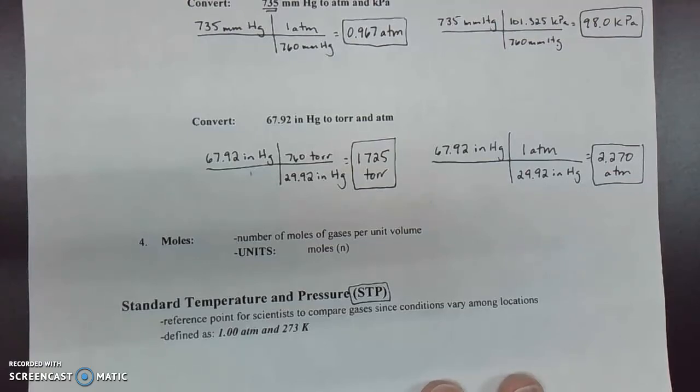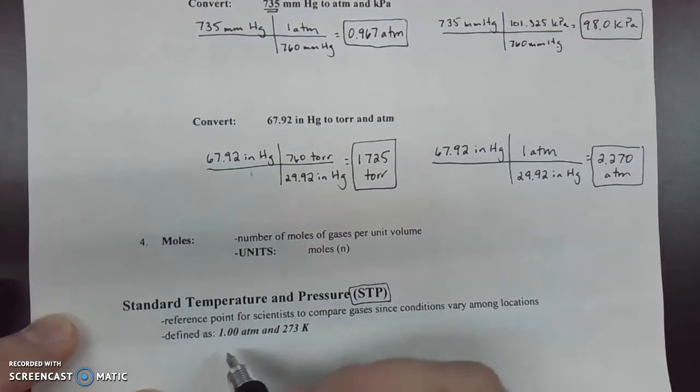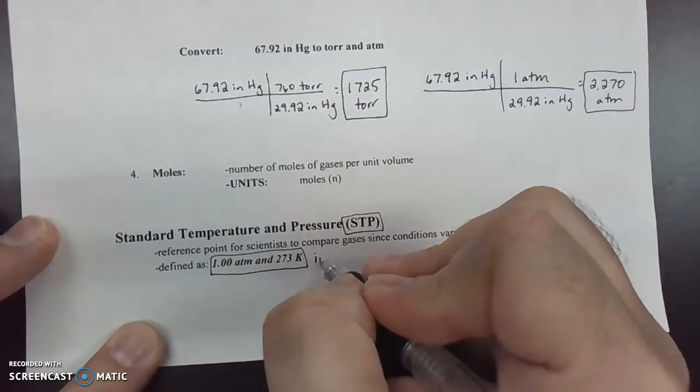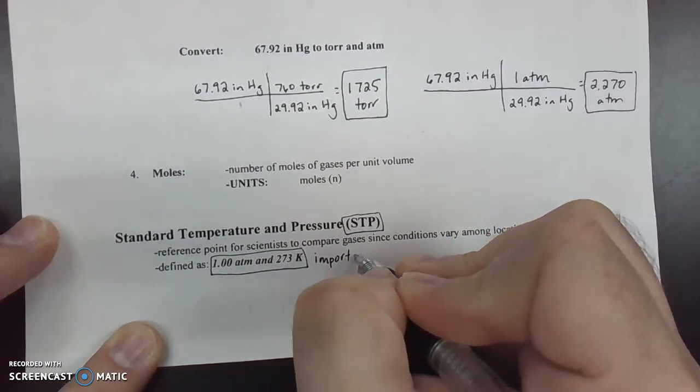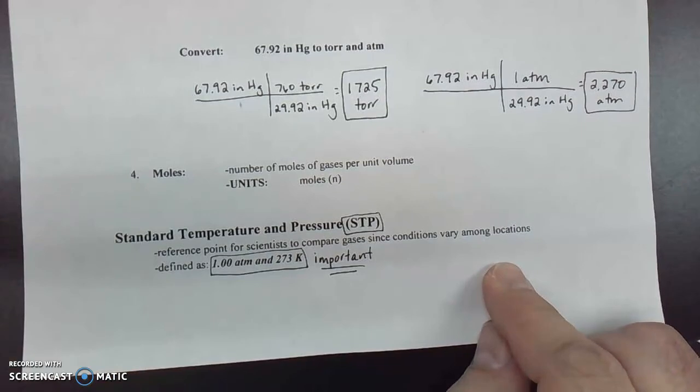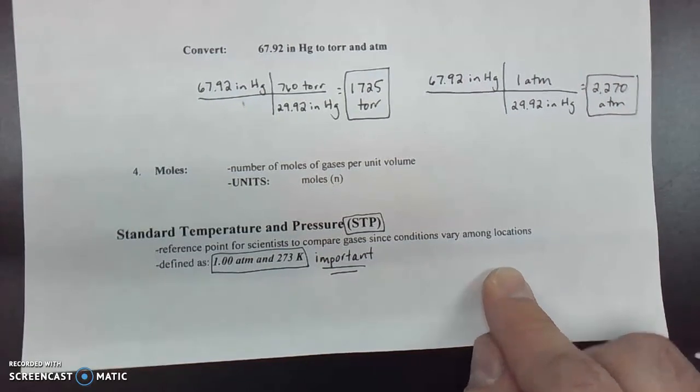And that is defined as 1 atmosphere and 273 Kelvin. This set is very important for us to know because we are going to be using it. So if we need a temperature or a pressure at standard values, we should reference these two values. Standard temperature is 273 Kelvin. Standard pressure is 1.00 atmospheres.